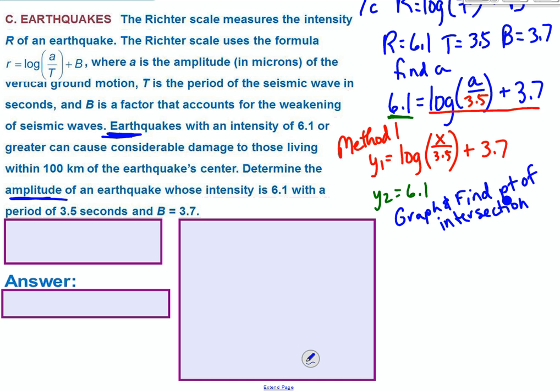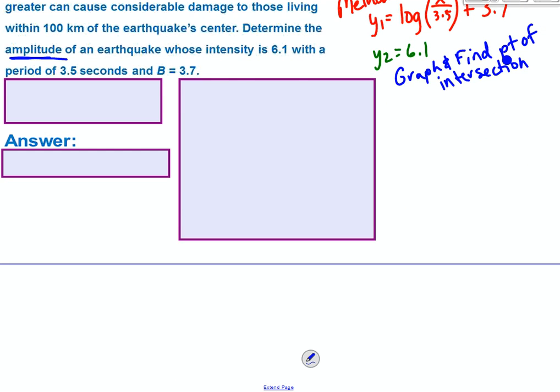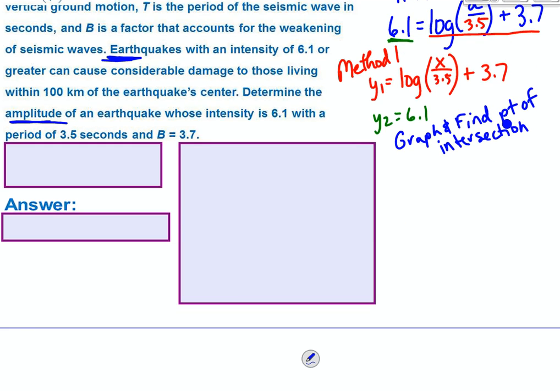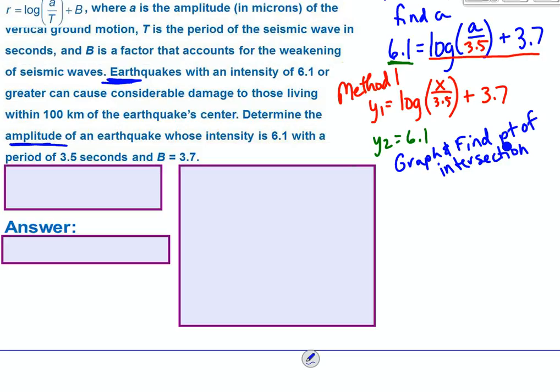Just to give you a hint, I have the graph here, and the window that I used, or the book authors as well. Here's the window to use: from -50 to 950 for the x-axis with a scale of 100.